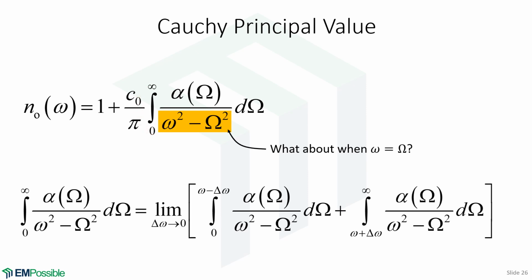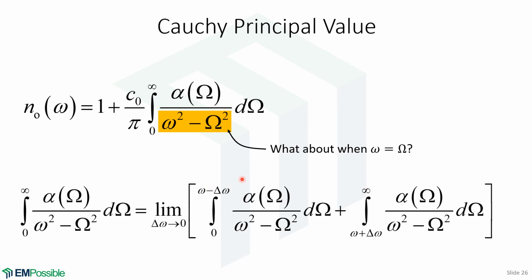So let's separate our single integral into two integrals. The first one will go from 0 up to omega minus some delta omega. So we're coming down below where we have this pole, or this explosion to infinity, by some delta omega. And then up here, we start at omega plus delta omega, so to the right of where that explosion happens, and then we finish integrating up to infinity.